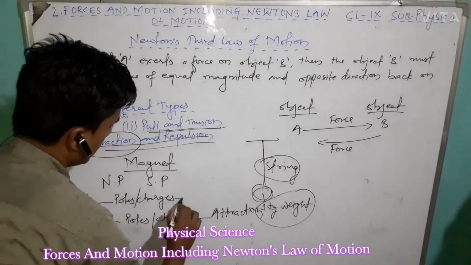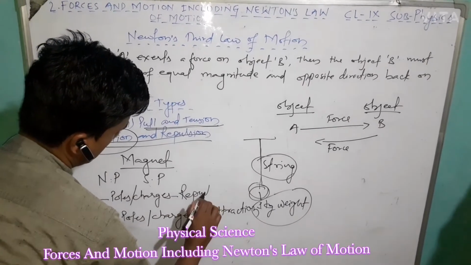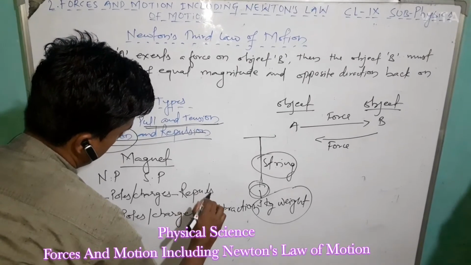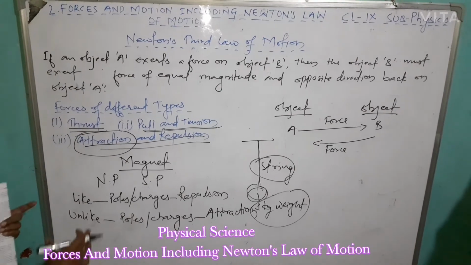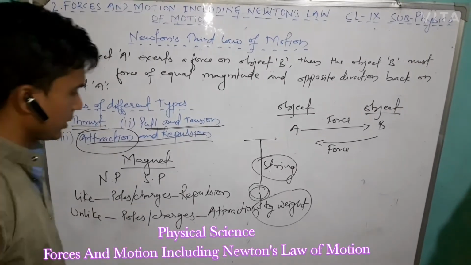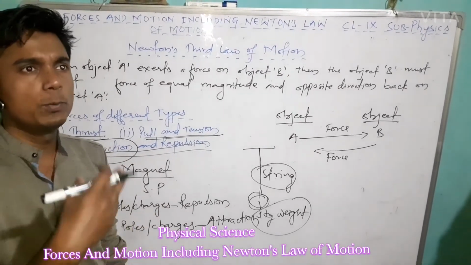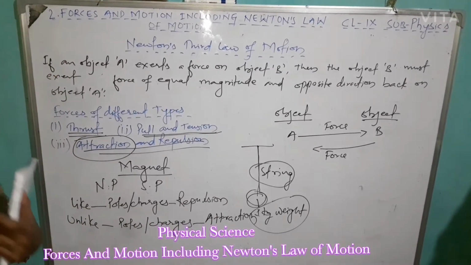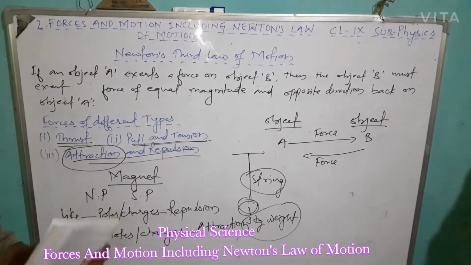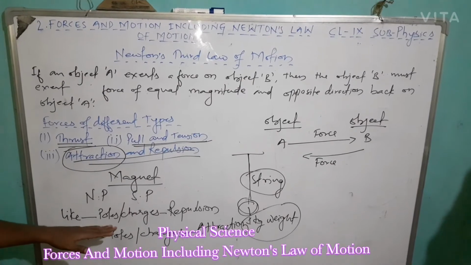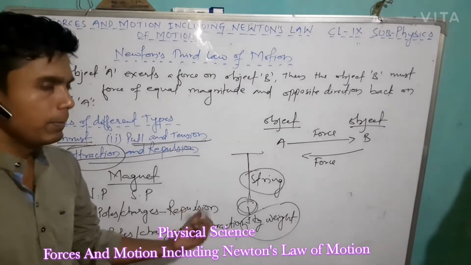And in the case of like poles or charges, repulsion takes place. When we have two like poles or charges, for example north pole and north pole, or south pole and south pole, or something negatively charged and another also negatively charged, or both positively charged, then repulsion will take place.